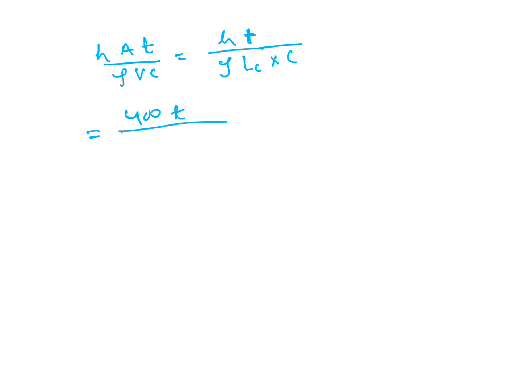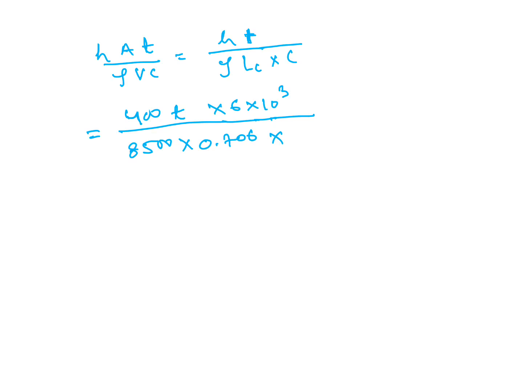HAT by rho VC. It's H into V by A, the characteristic length LC, into C. So put the values. H is 400, T we have to calculate, density 8500, into LC we got 0.706 divided by 6 into 1000.